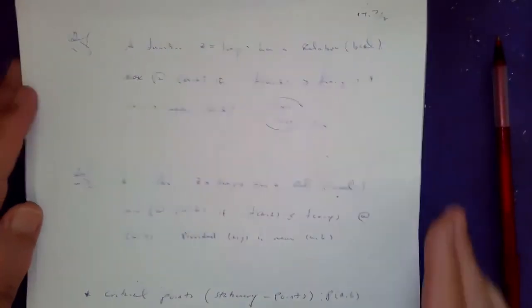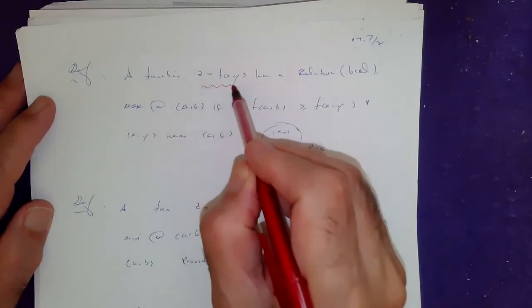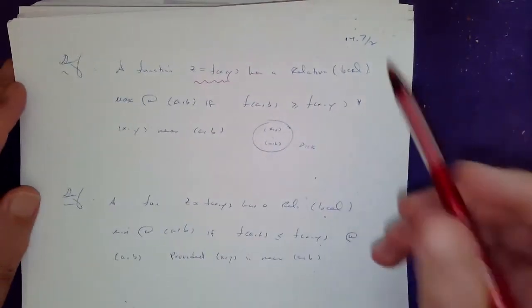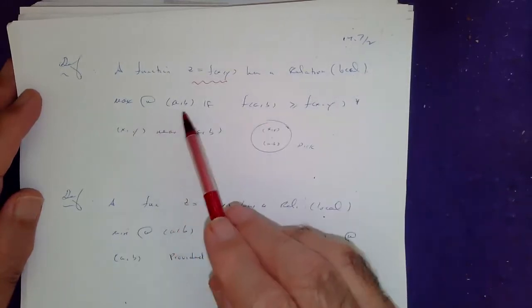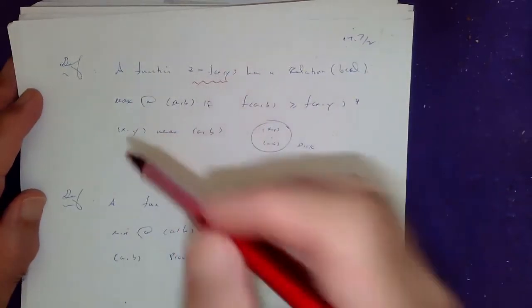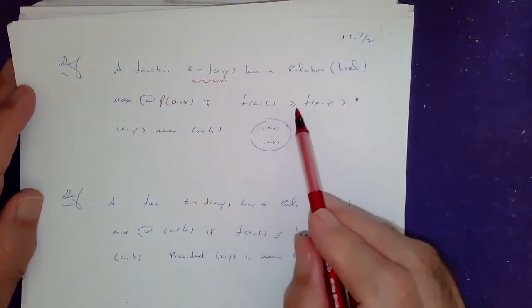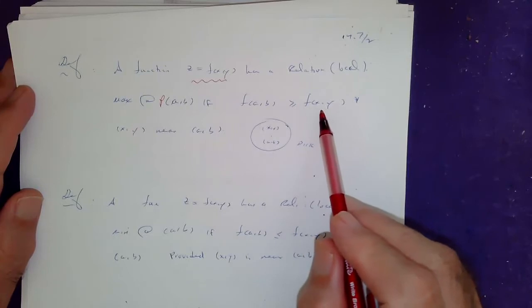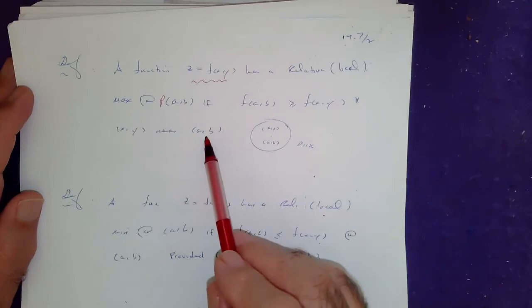So for functions of several variables, specifically z equals f of x, y, a function of two variables, we say this function has a relative or local maximum at the point a comma b if f of a, b is greater than or equal to f of x, y for every ordered pair near a, b.